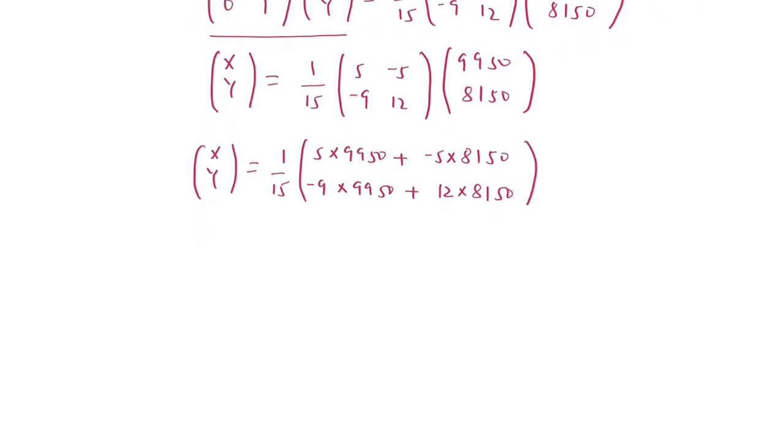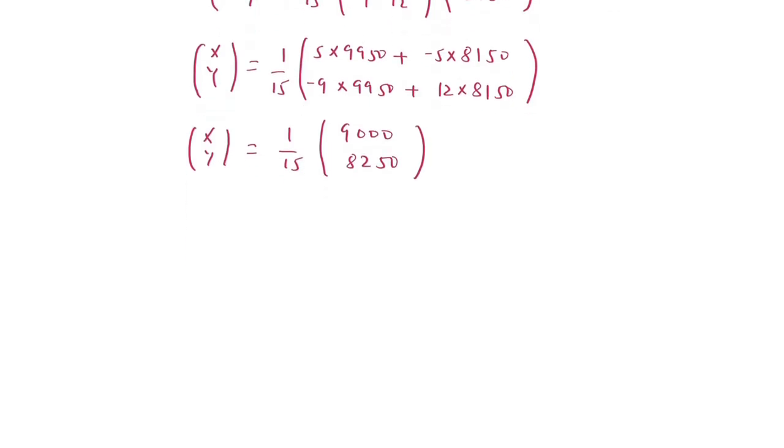Solving this, we are going to have [x; y] equals 1 over 15 times [9,000; 8,250].